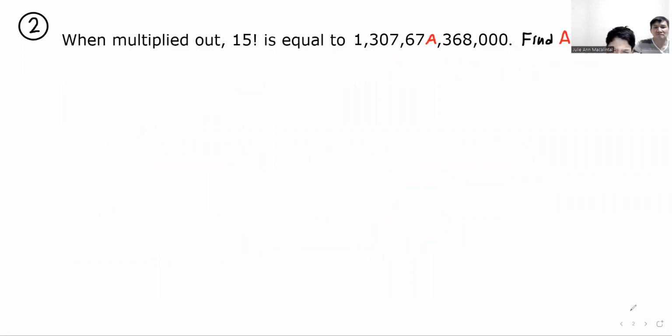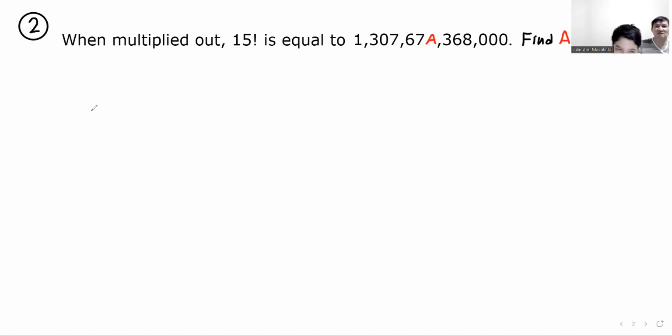When multiplied out, 15 factorial is equal to 1,307,674,368,000, with one of the digits being unknown, which we have as A. We have to find that unknown.